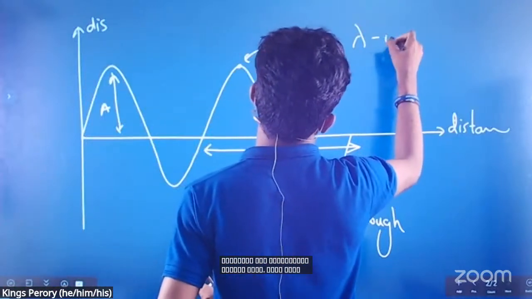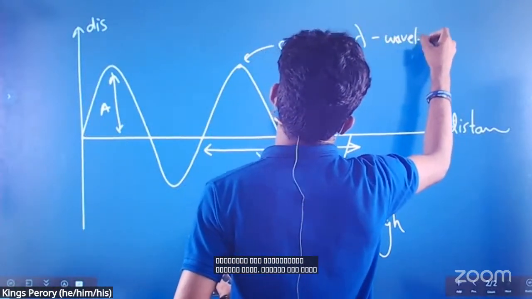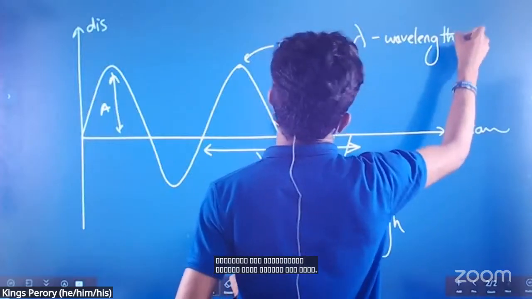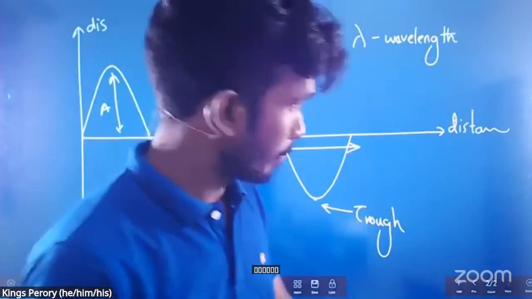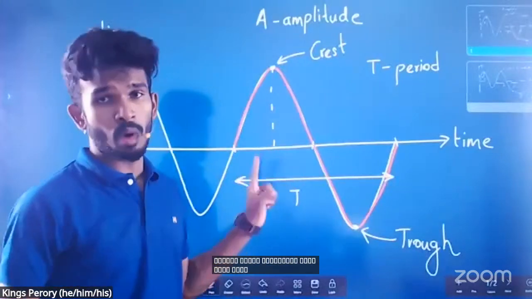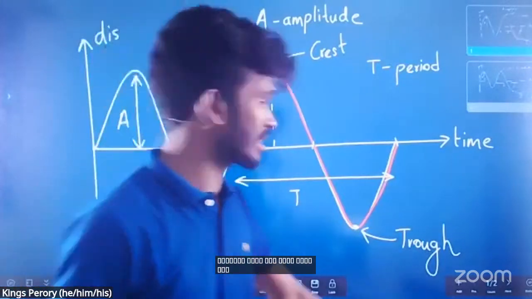And the period is the time taken for one full wave, one full oscillation.